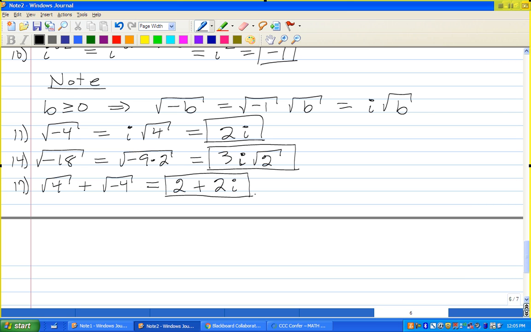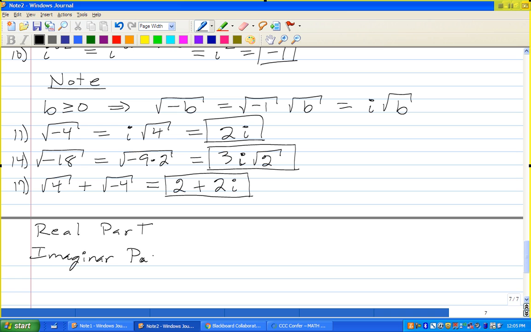And so now let us write down the real part and the imaginary part. So the real part is, well, 2.